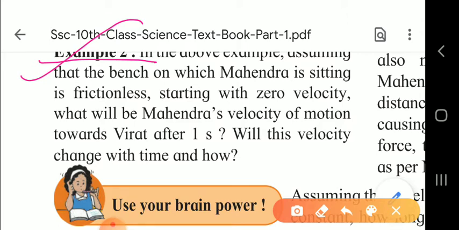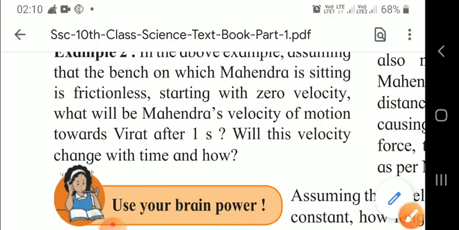Friction, you know, is what is exerted between two surfaces when these two surfaces come in contact, or when one object is rubbed against the other object, then a friction force arises. So what is Mahindra's velocity of motion towards Virat after 1 second, and will this velocity change with time and how? So here, children, what is given, we will see first.